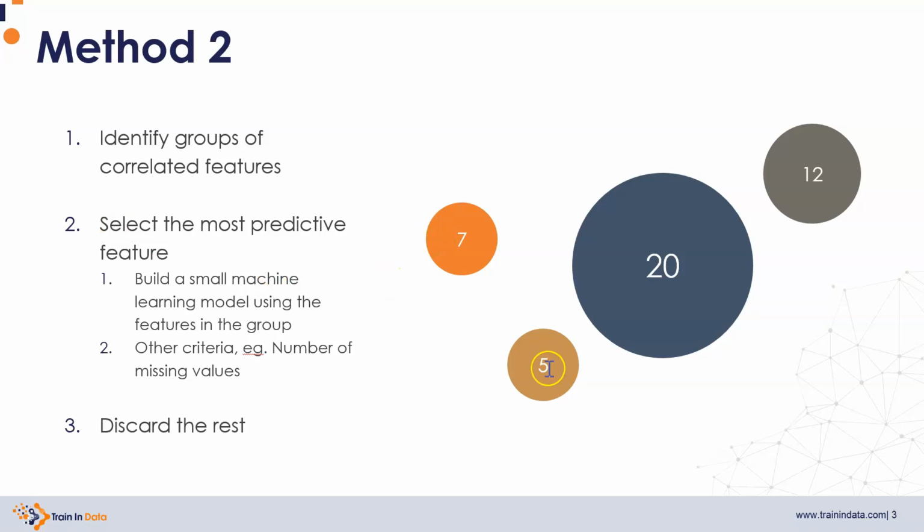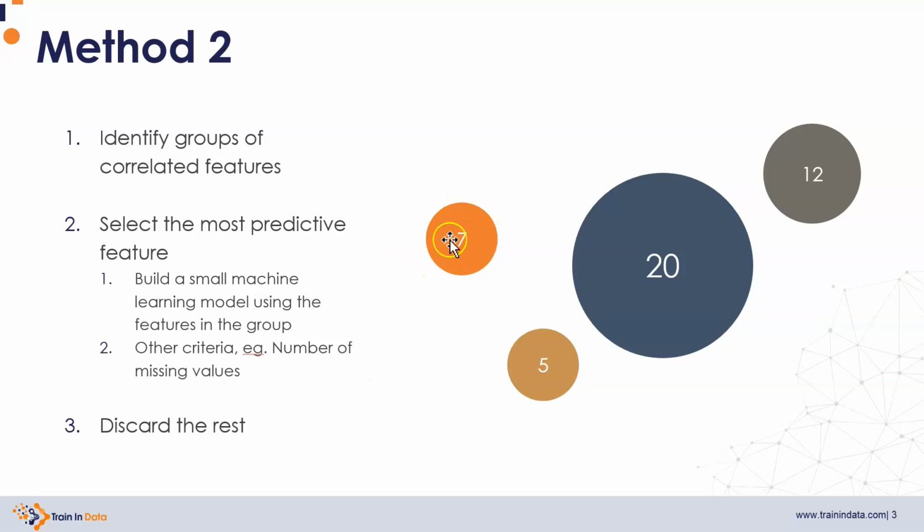Then, from each group, it selects the best feature based on a certain criteria that we define as users, and it discards the rest of the features in this group. So from these 4 groups of correlated features, this method picks the best of each, so it will keep 4 of the features, 1 from each group, and we discard the rest of the features.